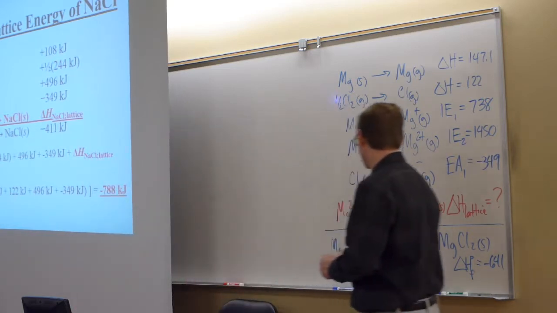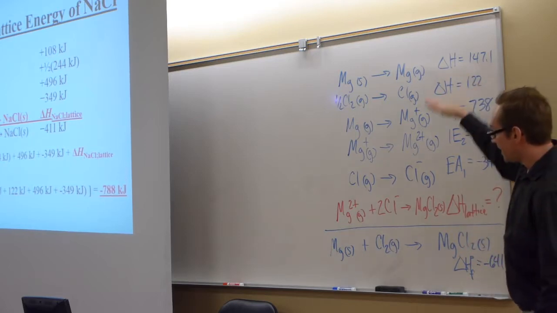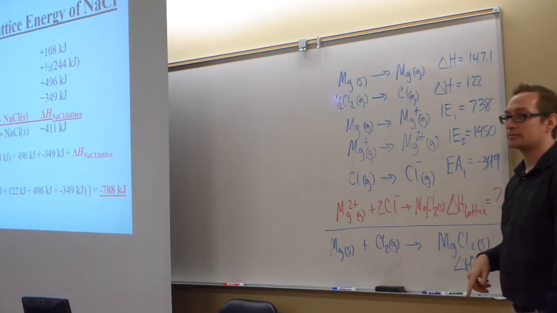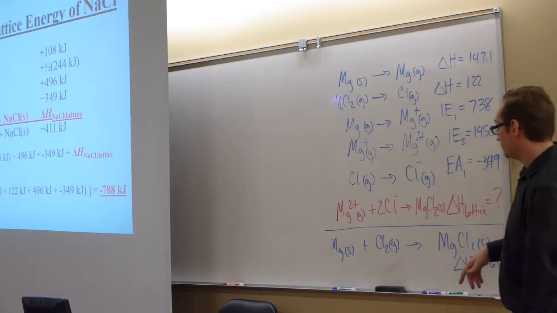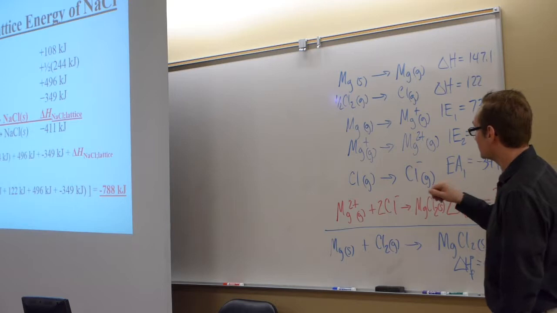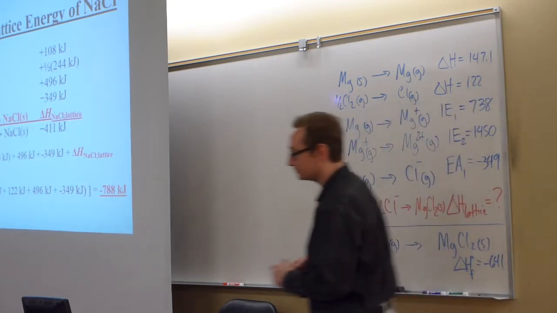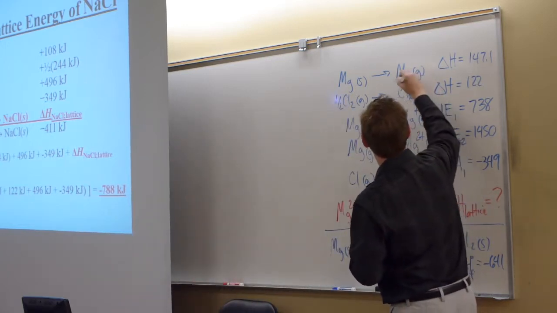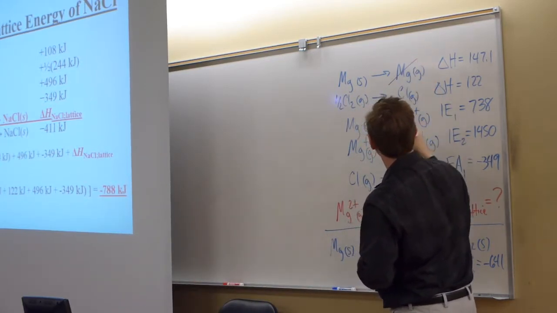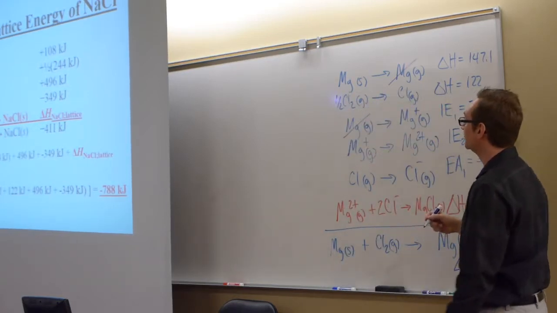Okay, so now when we look at this, all of these reactions have to add up to the formation reaction due to Hess's law. If I look at this, let's look at what cancels. So magnesium gas cancels right there on both sides of the arrow.